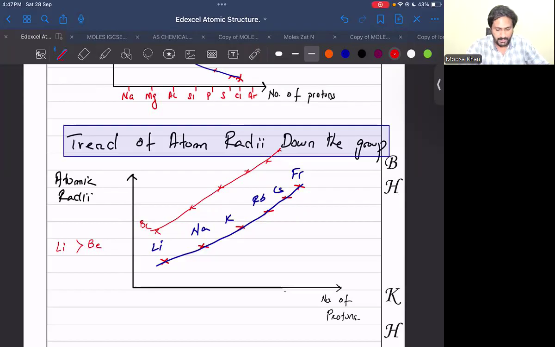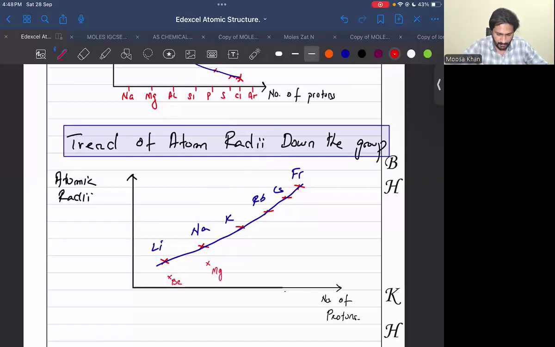We have to draw this graph below this curve because across the period, the atomic size decreases. So beryllium has to be smaller than lithium. And in group 2, in the third period, there would be magnesium, and magnesium's size should be smaller than sodium.